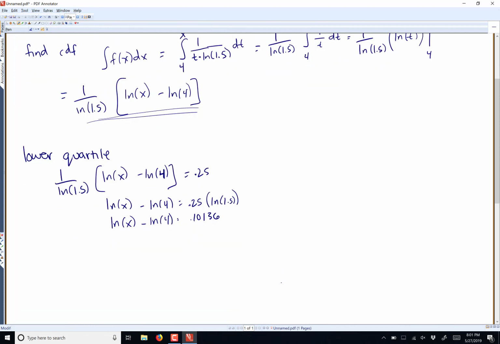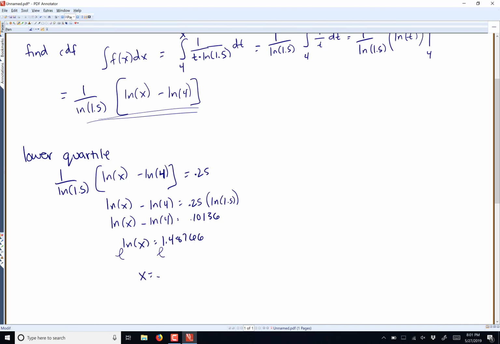And now let's add natural log of 4 to both sides. So natural log of x is going to be that plus the natural log of 4, which is 1.48766. Okay, so that's the natural log of x equals that. So now we need to exponentiate both sides to get rid of that. So we'll do e to the power of all of that.